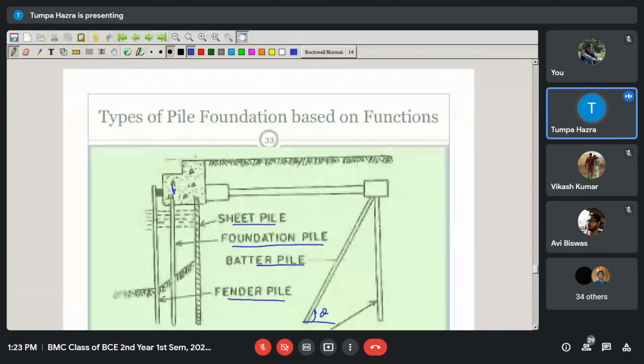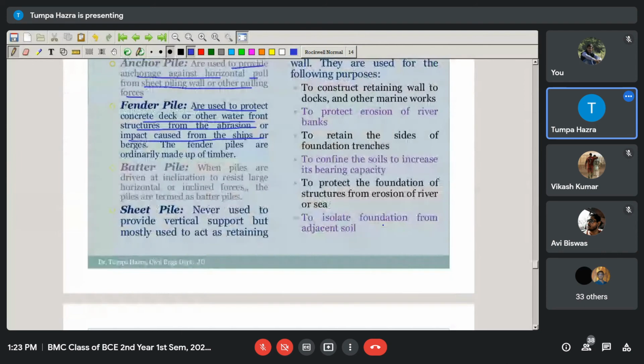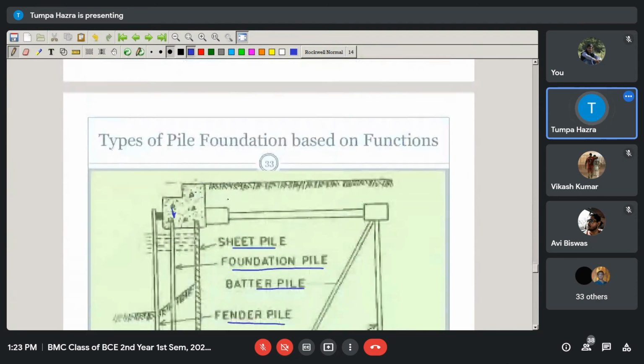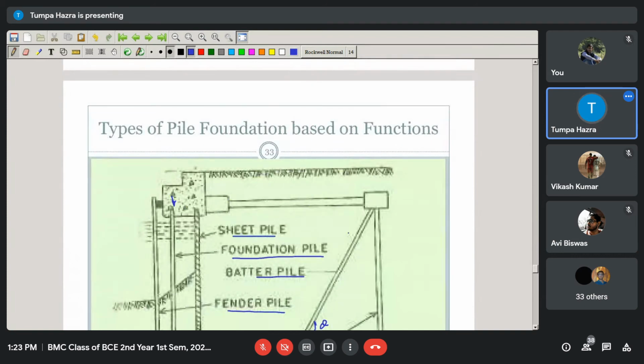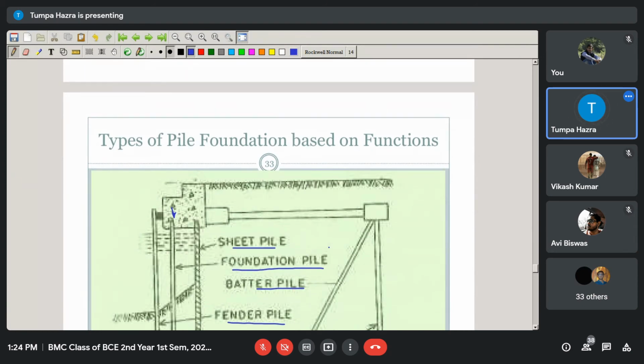But here you can see that these piles are constructed with some inclination, and they are provided inclination to resist large horizontal or inclined force due to the action of different types of ships, barges, etc. All these piles are basically used for the construction of water structures.